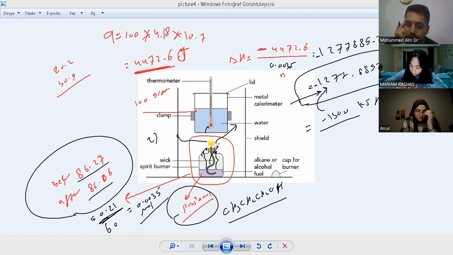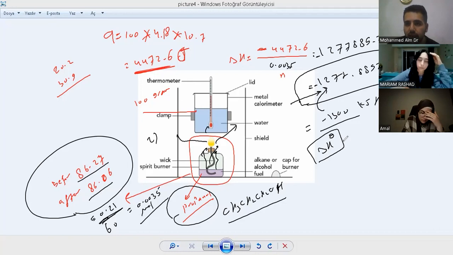And the last one, guys, the conditions. Look, delta H in the book is the standard delta H, okay? So the conditions we are working in might not be standard. That's why we have a lower delta H value. These 4 reasons, guys, you must know them, you must memorize them.